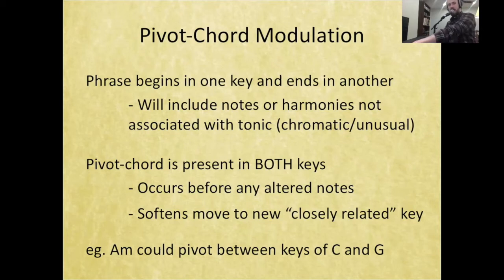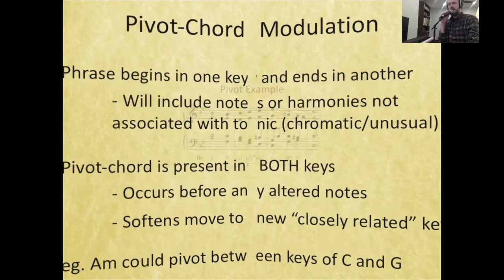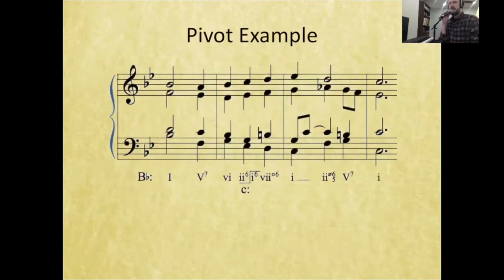And I just used that A minor, not the way we would expect it to be used in C major, but as a 2 into G major. I pivoted on that A minor chord, and it helped me to make a very smooth modulation into G major.